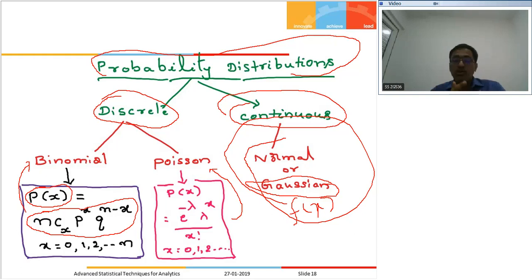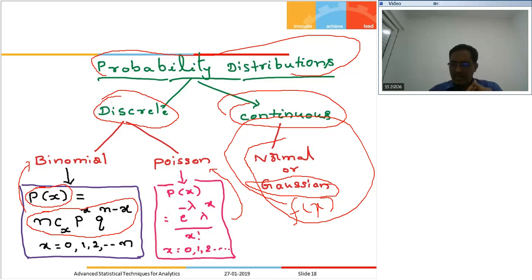Probability of failure, how to find it? 1 minus P. We discussed this at the beginning: the probability of success plus the probability of failure together total 1. So I repeat here. In the case of the binomial distribution, what we have to remember is the parameters that define it.